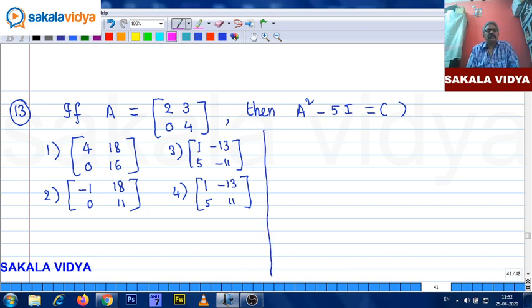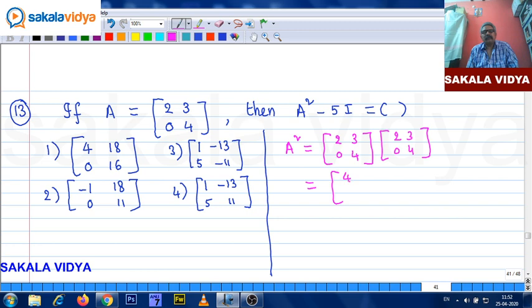So now A is given, let us find A square. That means 2, 3, 0, 4 multiplied with 2, 3, 0, 4. Now I will do it directly, you might have already practiced. 2 into 2 is 4, plus 0; 6 plus 12; 0 plus 0; 0 plus 16.